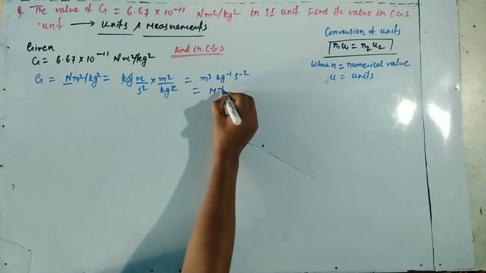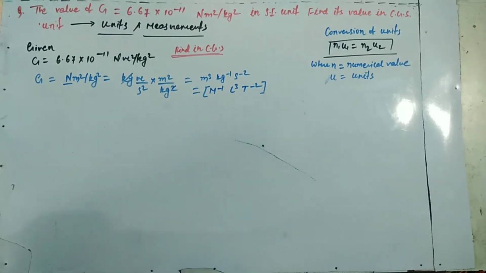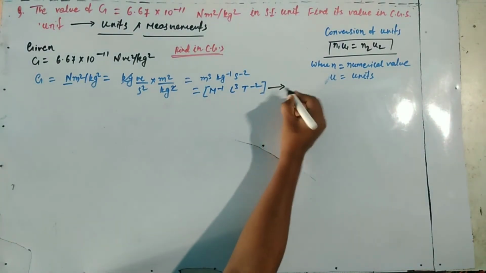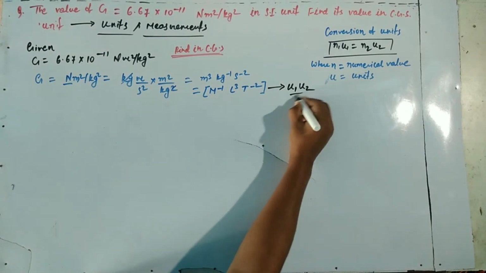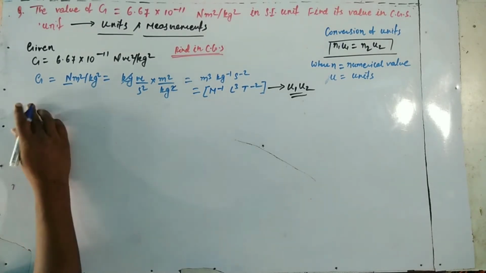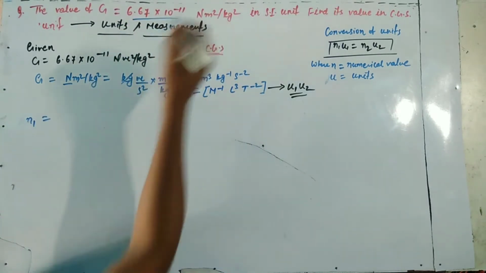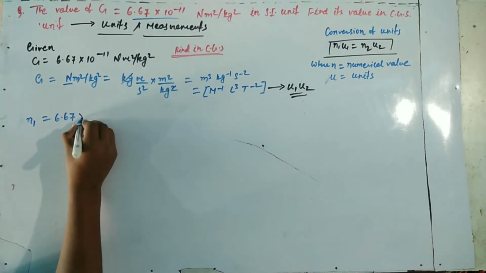Its dimensional formula will be M power minus 1 L power 3 T power minus 2. This dimensional formula gives the values of U1 and U2.